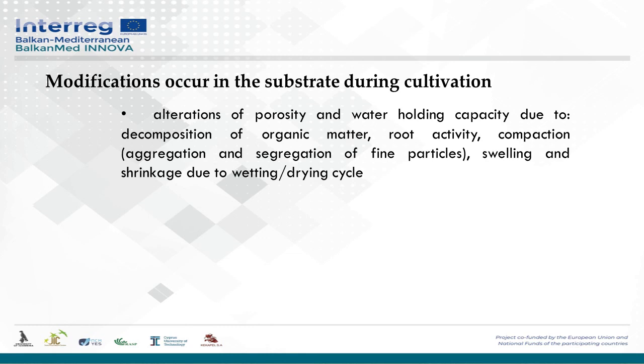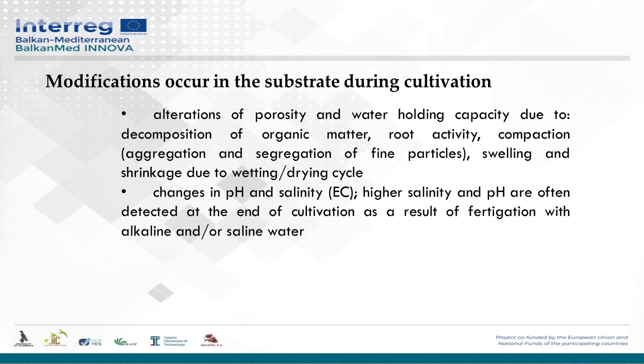Well, first, there are alterations of porosity and water holding capacity, which can be due to the decomposition of organic matter. It can be due to the activity of the root system of plants growing there, and this results in aggregation and segregation of fine particles, swelling and shrinkage due to the wetting or drying cycles and things like that. I need to say that the organic substrates are more sensitive, let's say, to this kind of modifications or alterations.